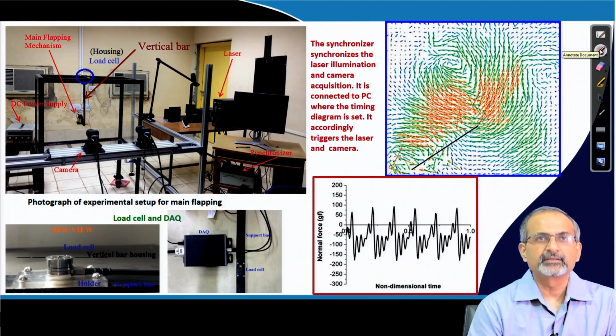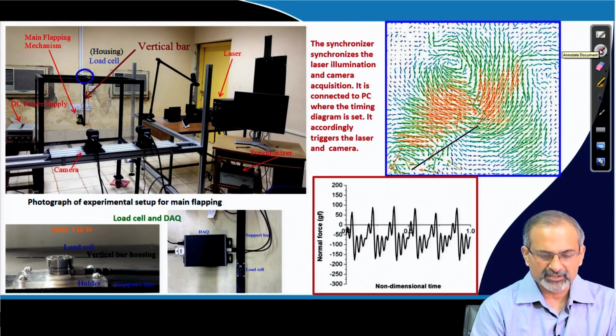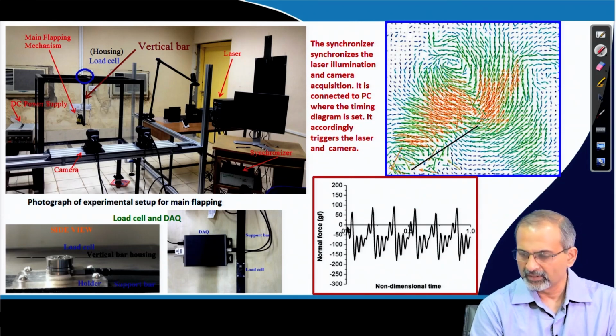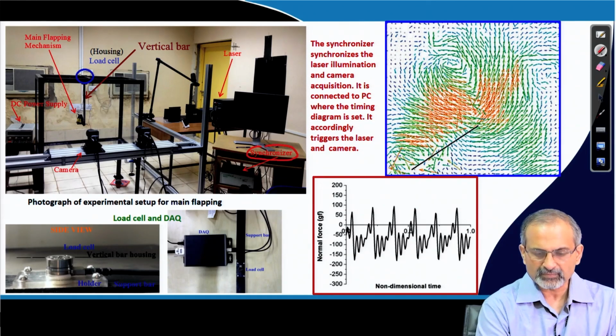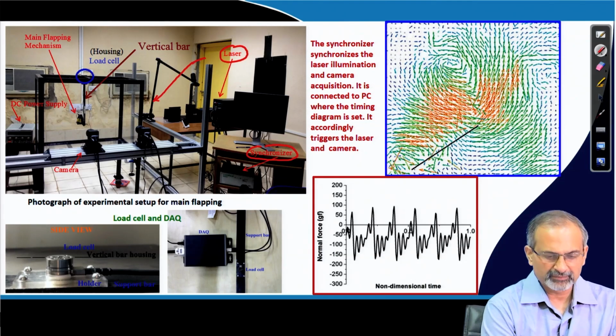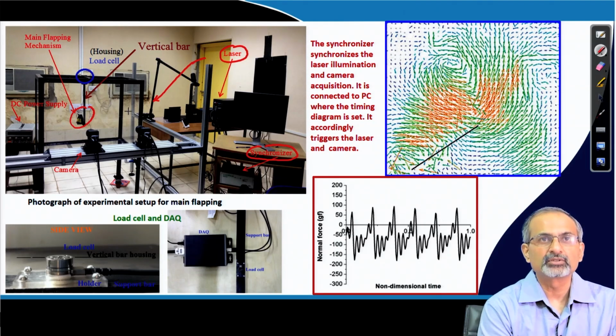If you look at the different constituent elements of the setup in the actual location, then you can find them. You have the synchronizer here, the laser with the light sheet optics, and there is a kind of an arm which allows the laser to be positioned appropriately close to the model. Then you have the flapping mechanism over here, which is suspended using a vertical bar with the load cell on top.